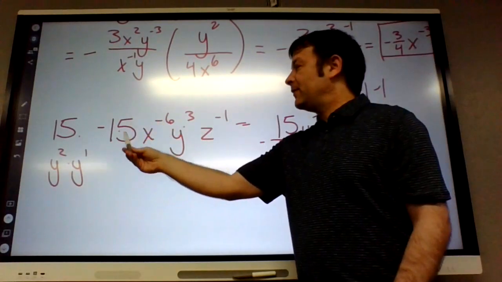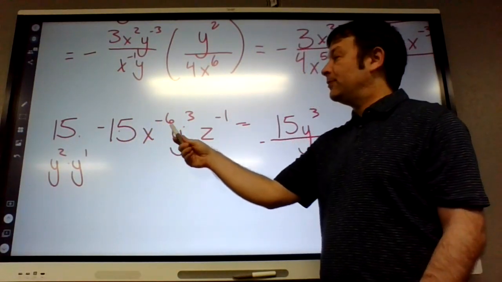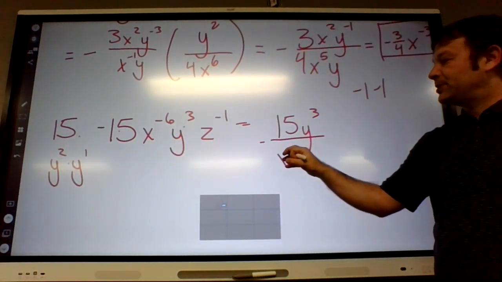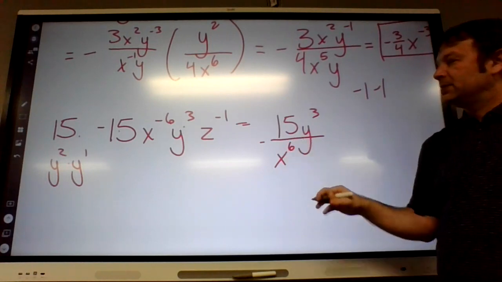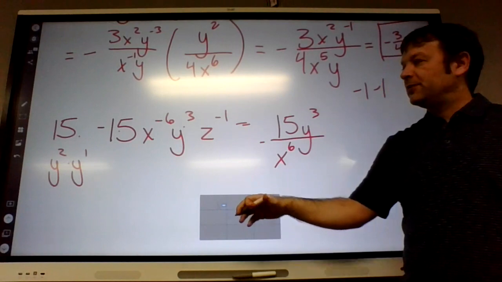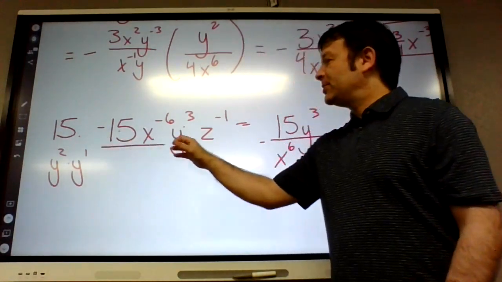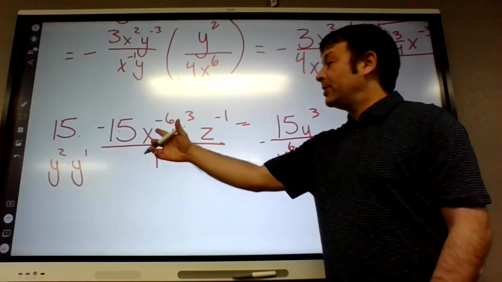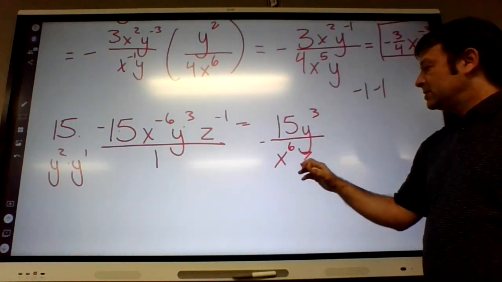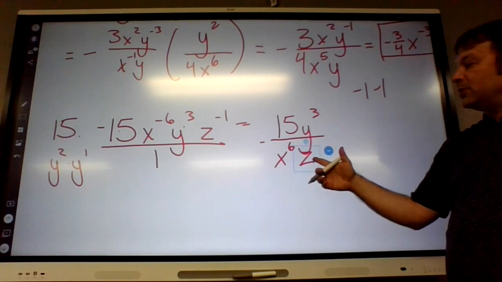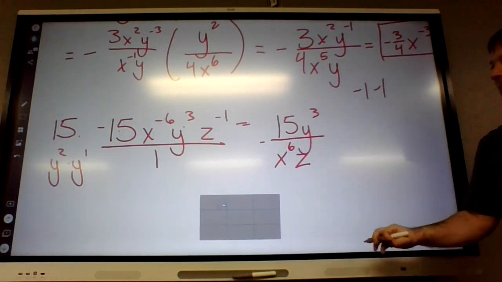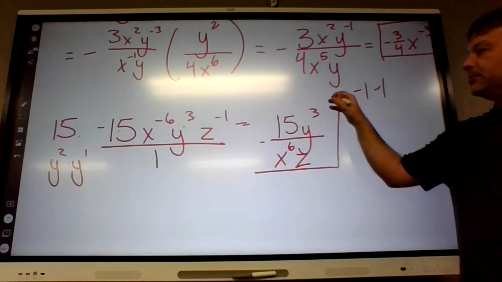But the x to the negative 6 is going to flip to the bottom as x to the 6. The z to the negative 1 is going to flip to the bottom. Right now, if you wrote this as a fraction, it would just be all over 1, right? So this stuff is going to go to the bottom. So we got z to the 1 on the bottom, which is just z. So that would be it.